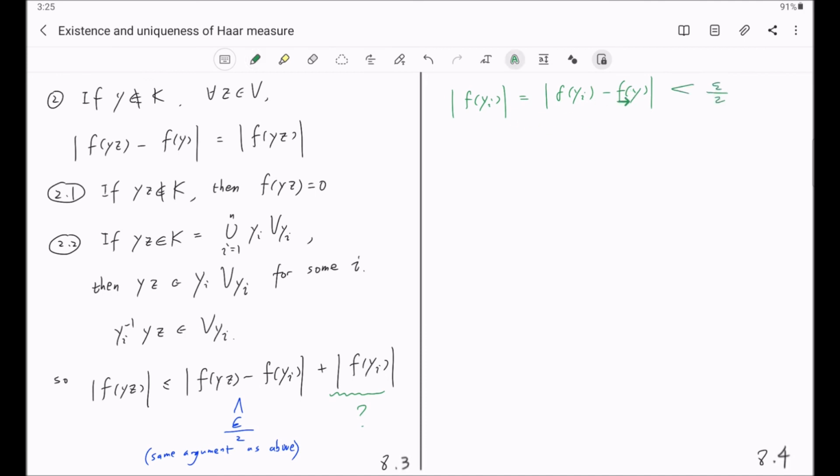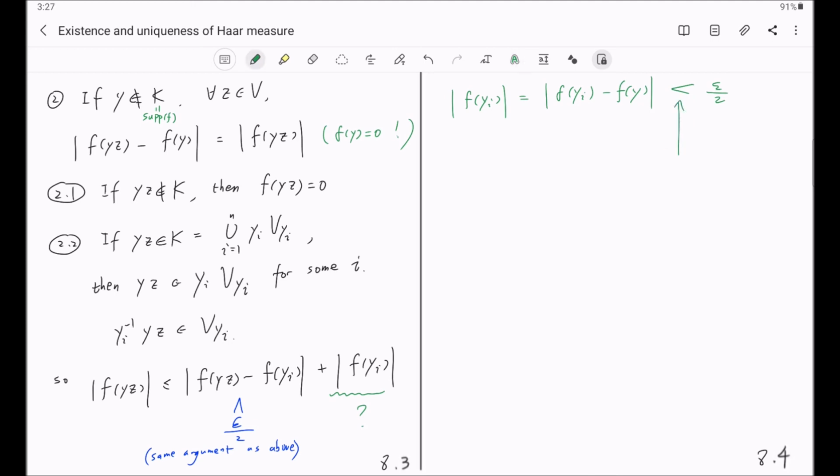Here we can insert this minus f of y because f of y, remember, is 0. f of y is 0 because y is not in K. K is a support of f. So if y is not in K, then f of y must be 0. And this part will follow from the continuity as well as the manipulation of sets.